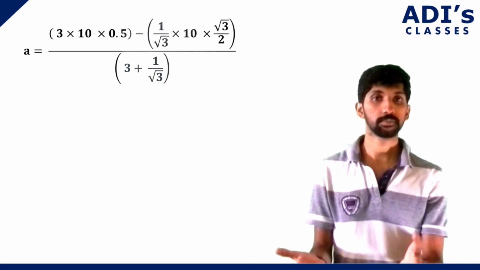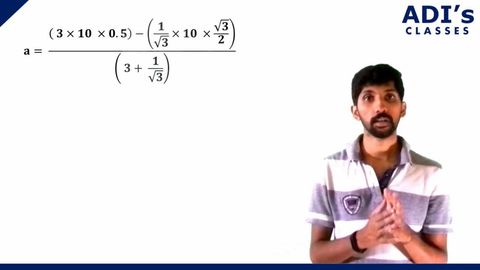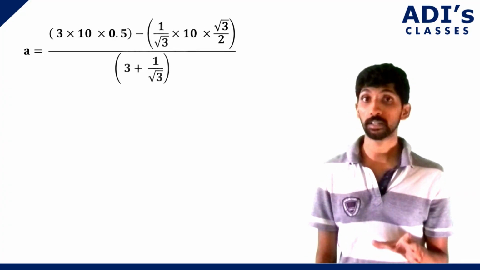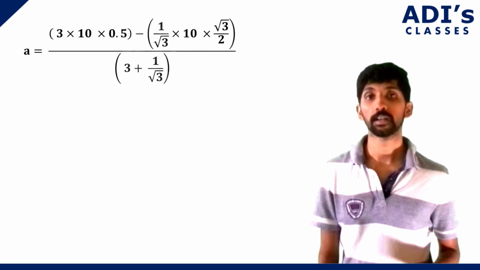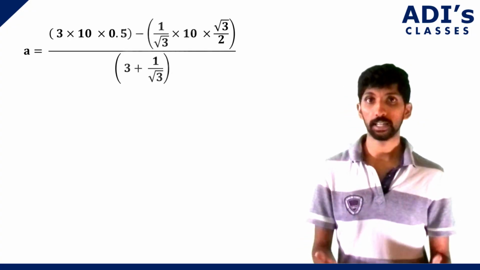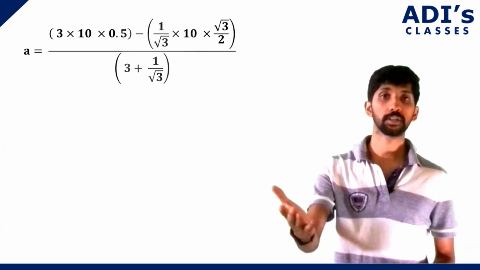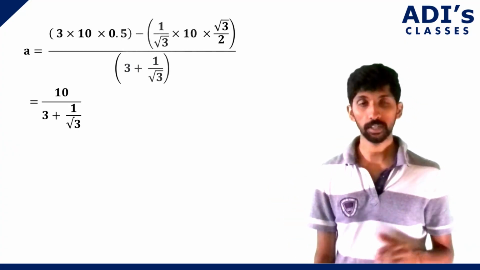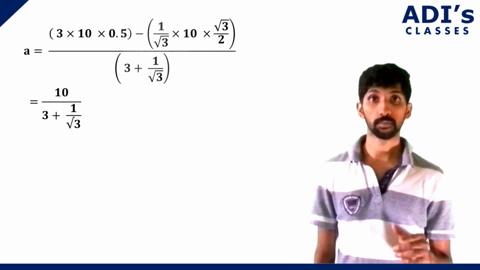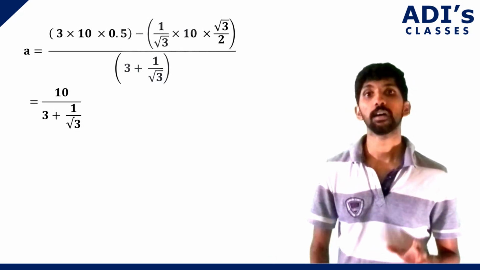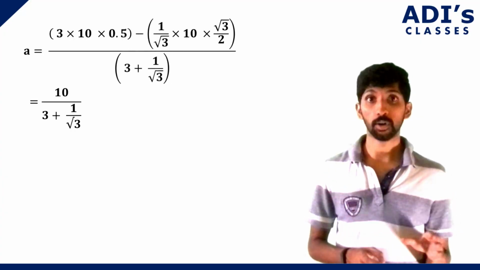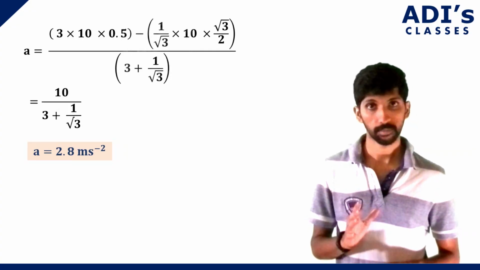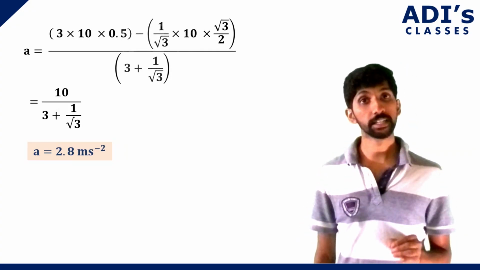Be very careful in calculating, because in the denominator you have 3 plus 1 by root 3. Initially you get 3 into 5, which is 15, minus 5, divided by 3 plus 1 by root 3. If you calculate the whole thing, you get 2.8 meter per second square. This is the acceleration.